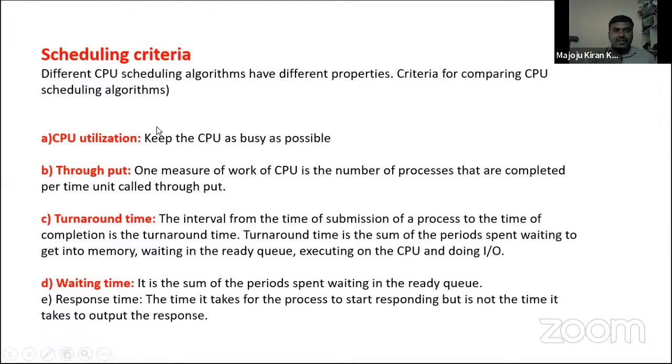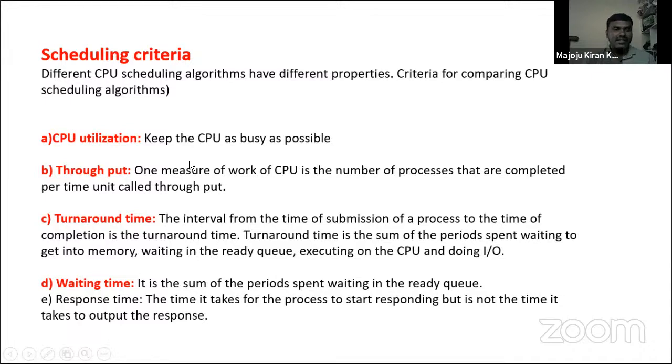The scheduling algorithms have different properties, and we can select any of them as per your requirement. So based on which criteria does the scheduling algorithm work? The first criterion is CPU utilization. CPU utilization means making the CPU always busy, keeping the CPU as busy as possible.